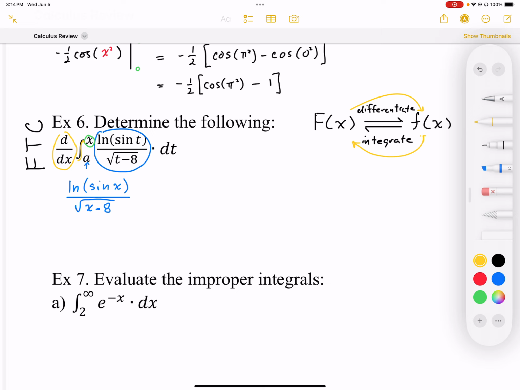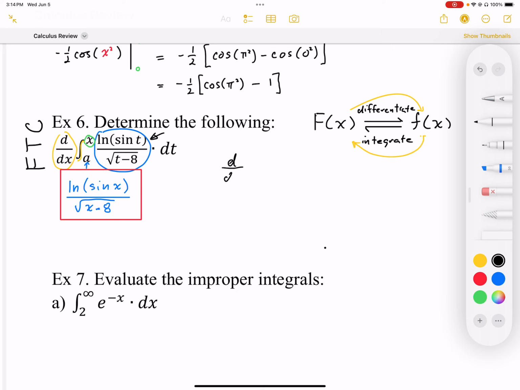So I'm going to explain this just a little bit more in depth. First of all, just make sure you're clear. This is my answer for this problem. Okay, but there's a reason why we end up with that answer, and it's this. So if I think about what's actually happening, I have this function inside here, and I'm going to integrate from a to x. That means I'm going to find the area.